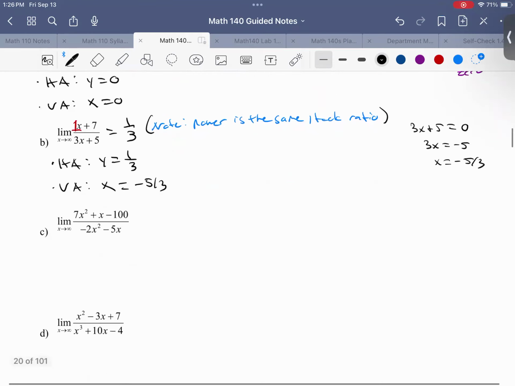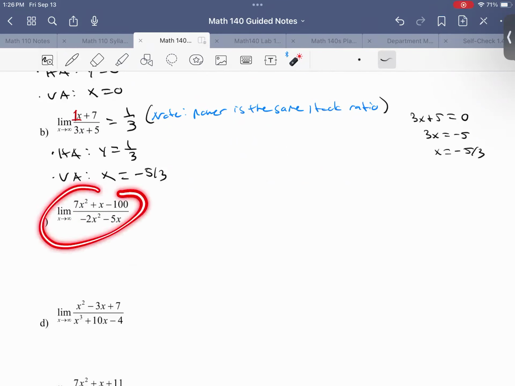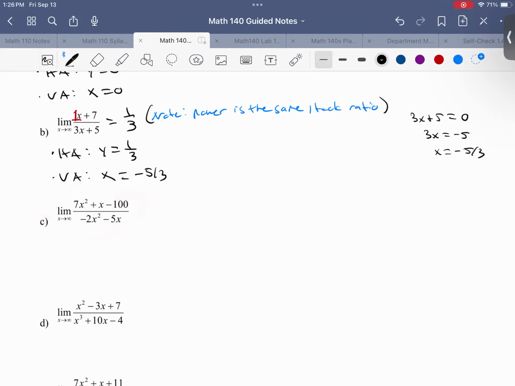So next one is limit as x goes to infinity, 7x squared plus x minus 100 over -2x squared minus 5x. So what we have here is once again the same power in the denominators. I know we have other x values going on, but we're just checking out the highest powers in the top and bottom.